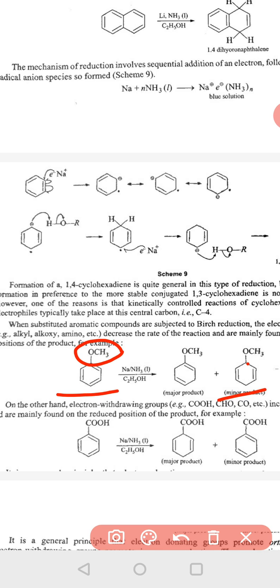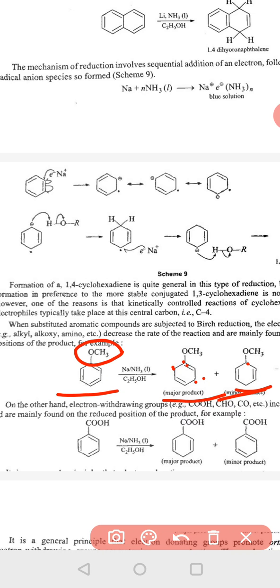Reduction occurs at the position away from the position at which this group is attached. This is the major product. So electron donating groups are found on the non-reduced position of the product. These two are the reduced positions, and this is the non-reduced position at which the electron donating group is attached.